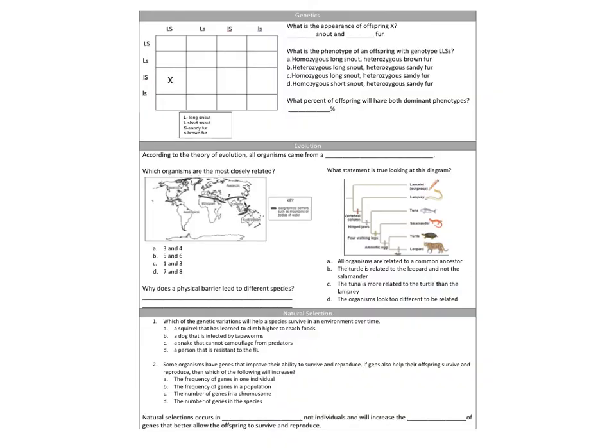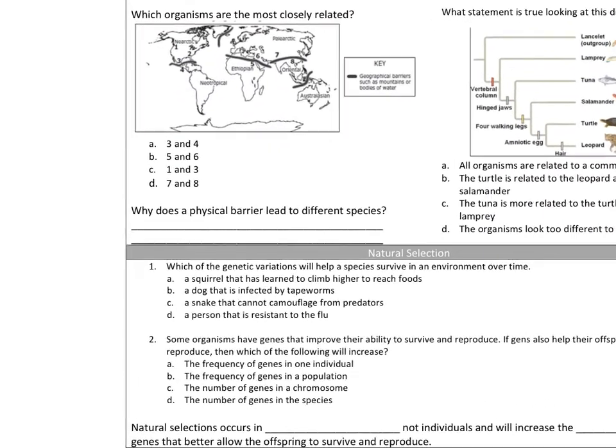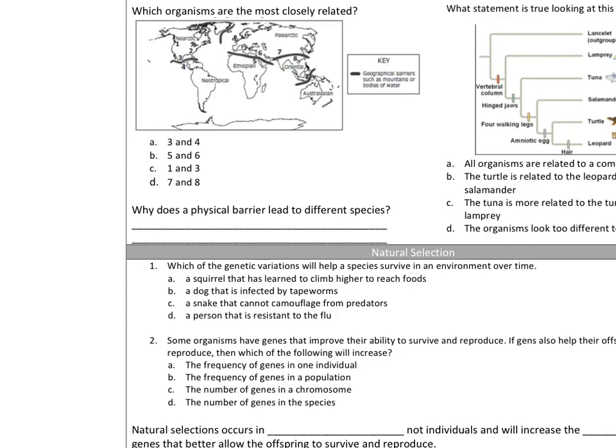It's going to the back. What is the appearance of offspring X? So I got a bit of confusion on here. What I want you to do, guys, is start by labeling the genotype in that box. So as I can see, I have big L, little l, big S, big S. Let's go ahead and zoom in on this.